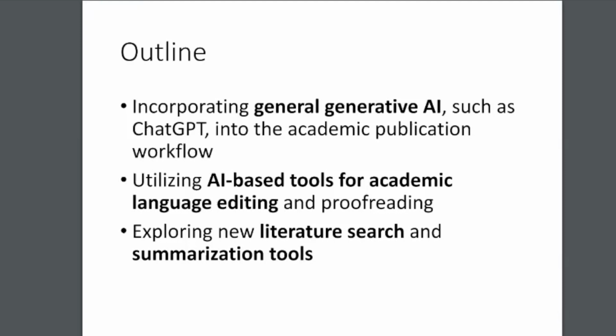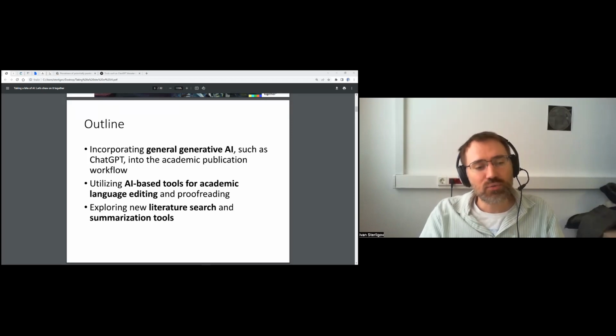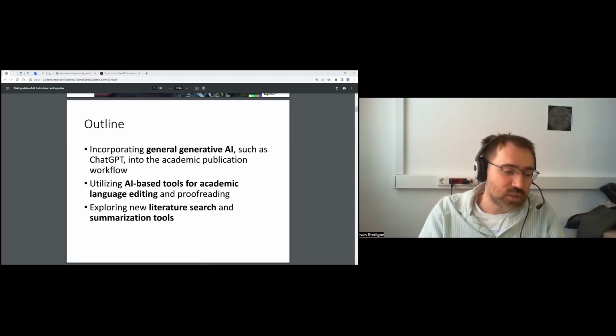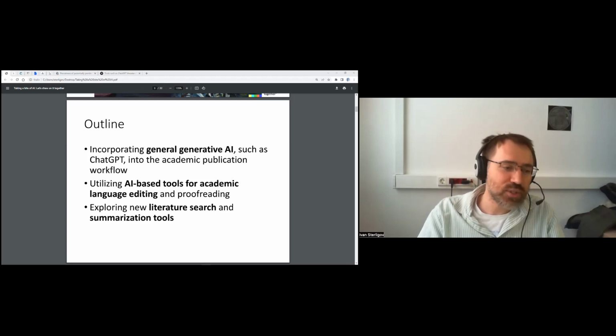Specifically, we'll talk about academic language editing. Then we'll conclude with the new tools for searching academic literature and summarizing it using different techniques, both based on artificial intelligence and also using network science and different visualizations, maps, and so on.